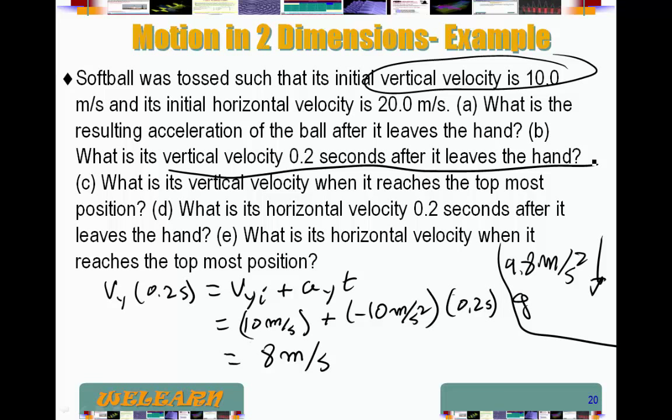What is the vertical velocity when it reaches the topmost position? I don't need to do a calculation for that one. It's going to be just 0 meters per second. That's the topmost position. What is the horizontal velocity 0.2 seconds after it leaves the hand?